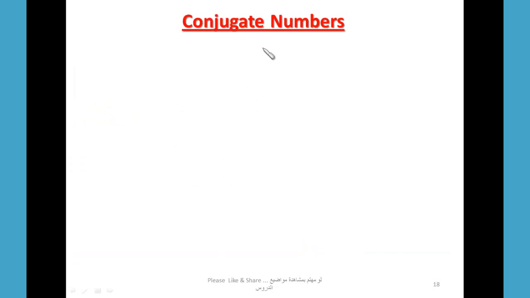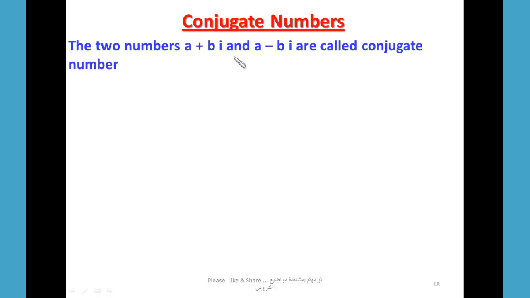Conjugate numbers. The two numbers a plus bi and a minus bi are called conjugate numbers. Here we have the same numbers a and b, but we have different signs for the imaginary parts.